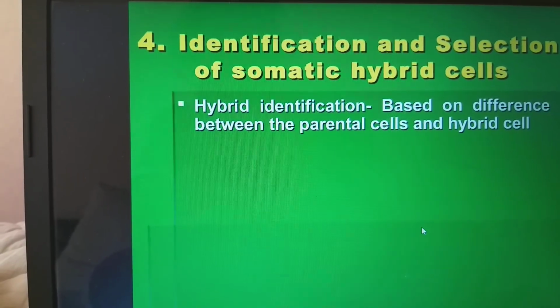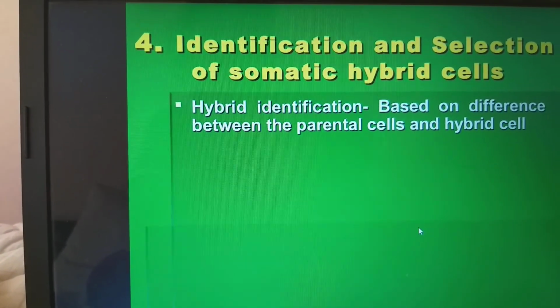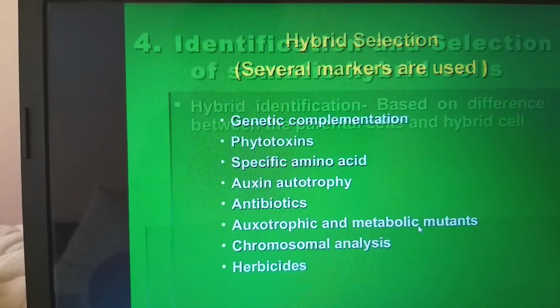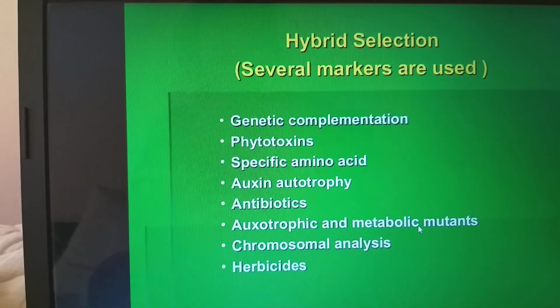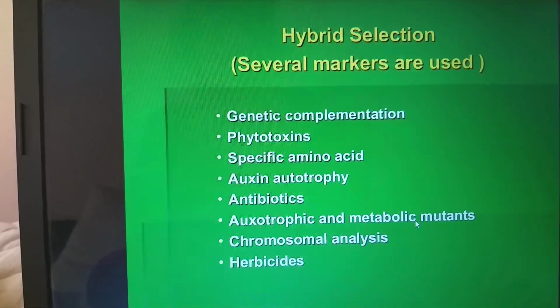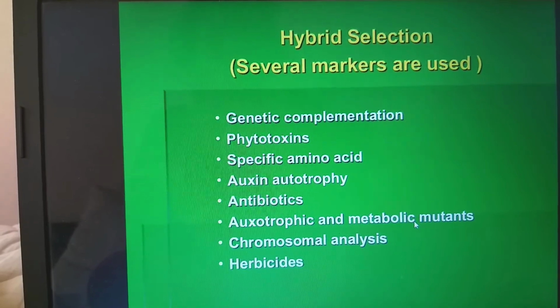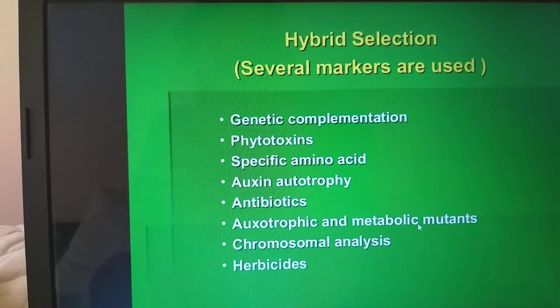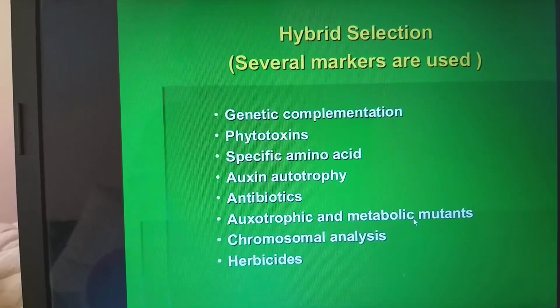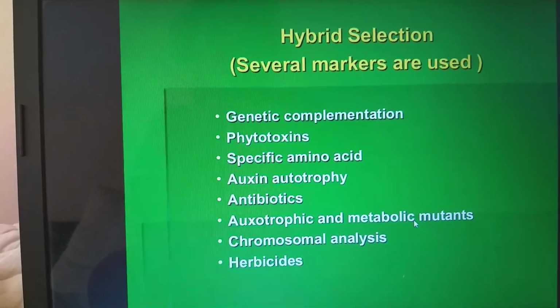Identification and selection of somatic hybrid cells. Hybrid identification is based on differences between parental cells and hybrid cells. For hybrid selection, several markers are used: genetic complementation, phytotoxins, specific amino acids, auxin autotrophy, antibiotics, auxotrophic and metabolic mutants, chromosomal analysis, herbicides.